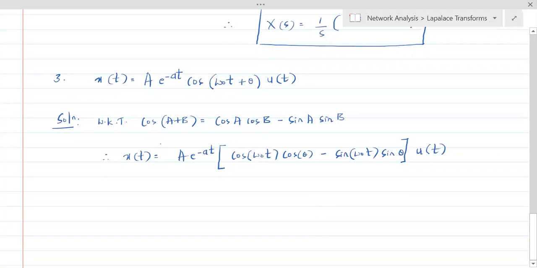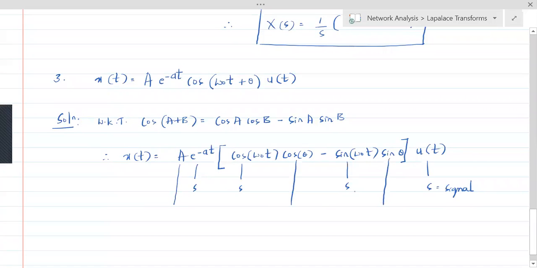See here, these are signals, and A and these others are all scalars.